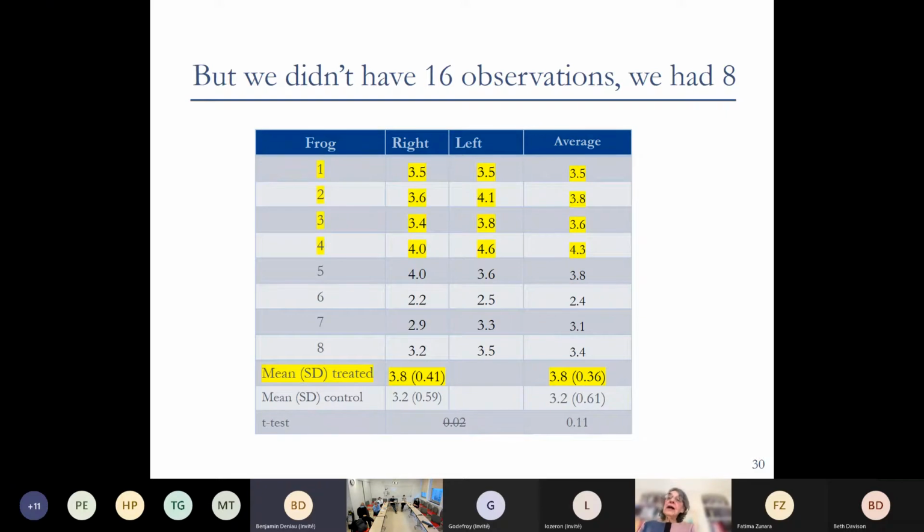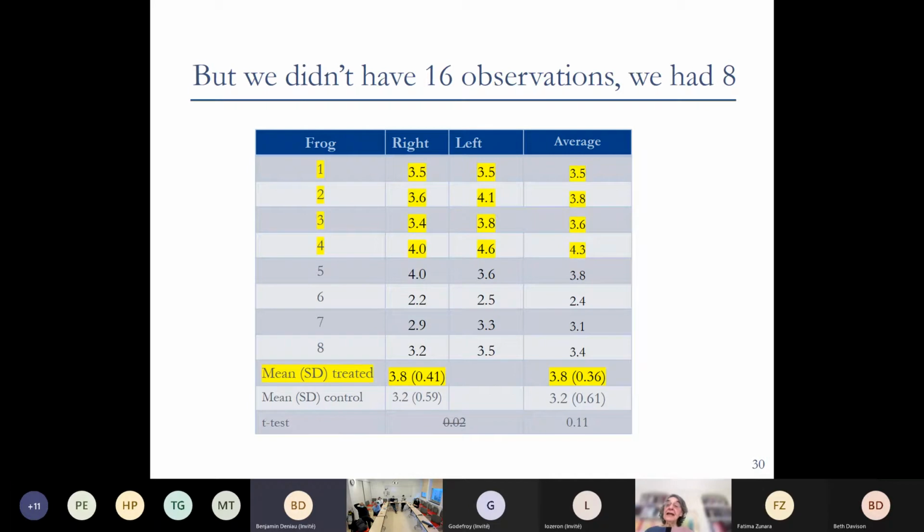And so I'm now interested in characterizing the frog, not each eye in the frog. So what I have is 4 treated frogs, and I take the average of their right and left, and I have 4 untreated frogs, and I take the average of their right and left.